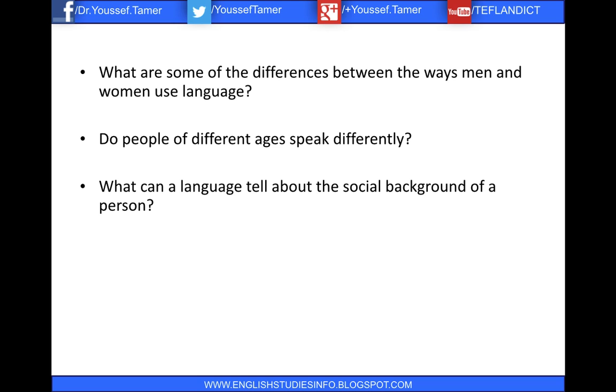You can tell that this person is coming from a high socioeconomic status, or middle, or a poor, low socioeconomic status. That's one thing. You can tell if this person is coming from an urban area or a rural area. You can tell if this person is coming from the north, the middle of the country, or the south. So you can have an idea about the social background of people depending on the way they use language.